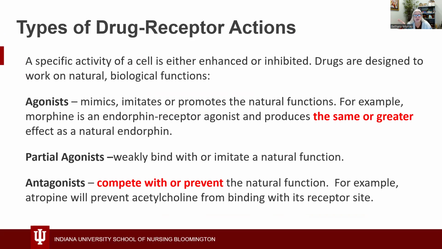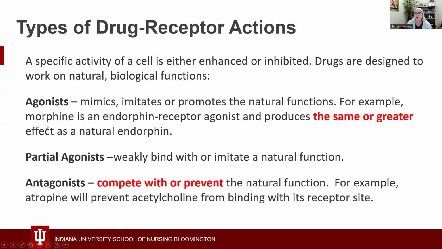They can activate the cell, or the medication might antagonize, jump down here to the bottom. And antagonize means to compete with, to replace, to prevent the natural action, or turn off the cell. Okay, turn off some activity. And then you can also have a partial agonist where there's a weak binding. I think learning about agonist and the term agonism and antagonism is extremely important.